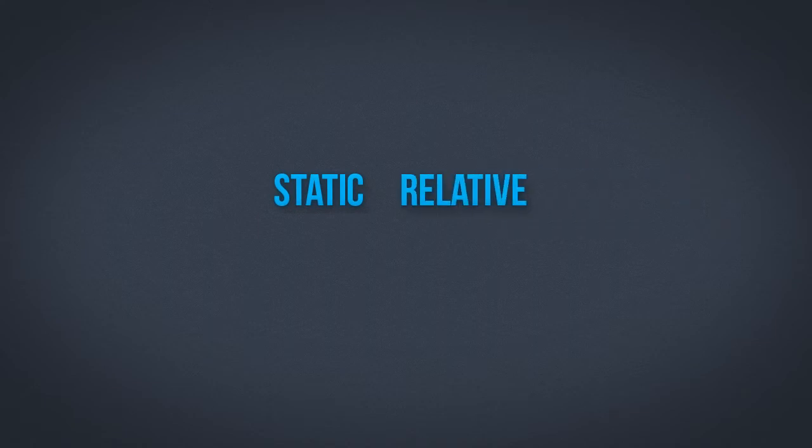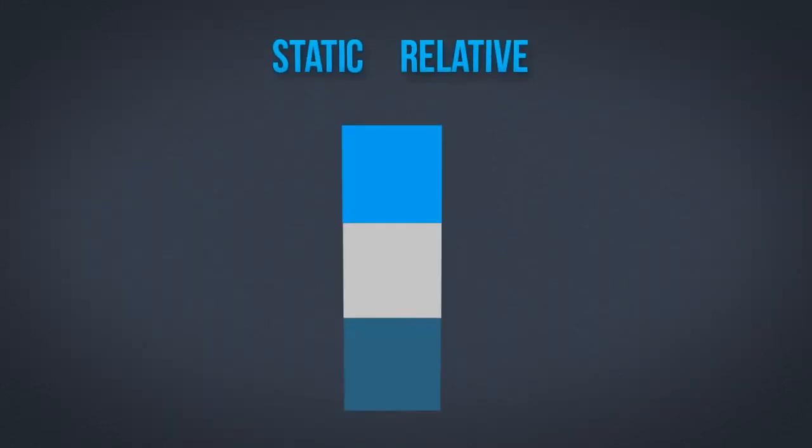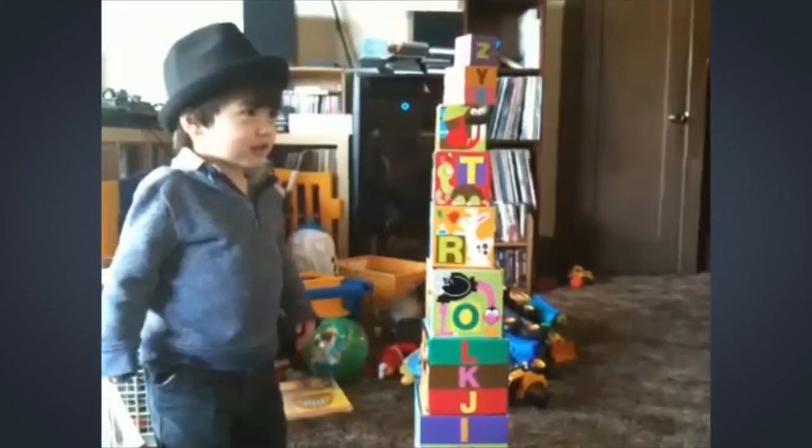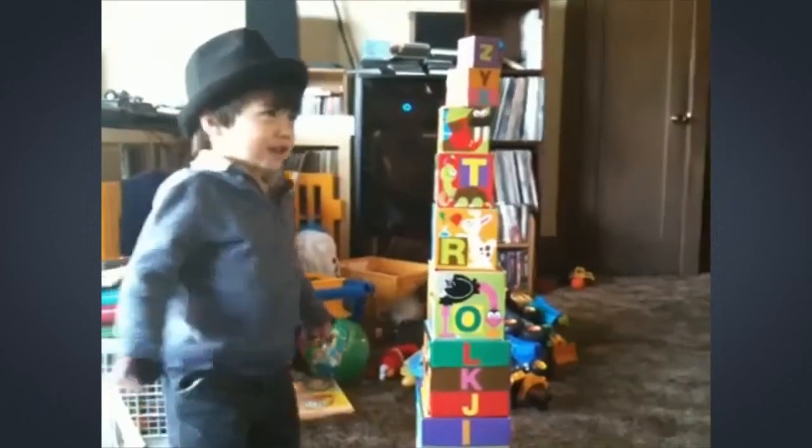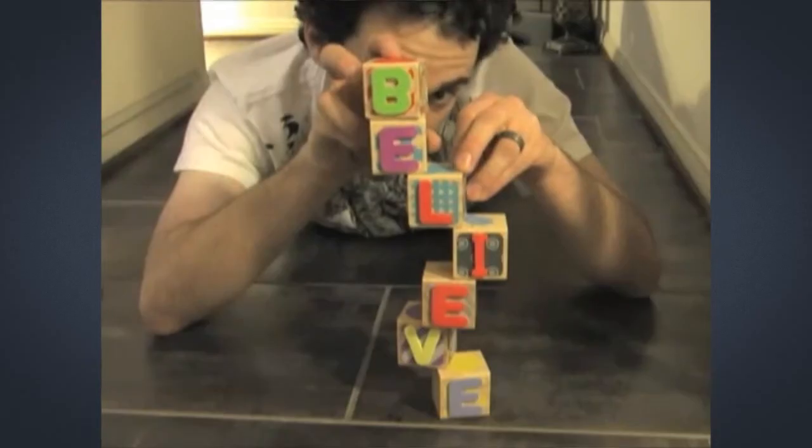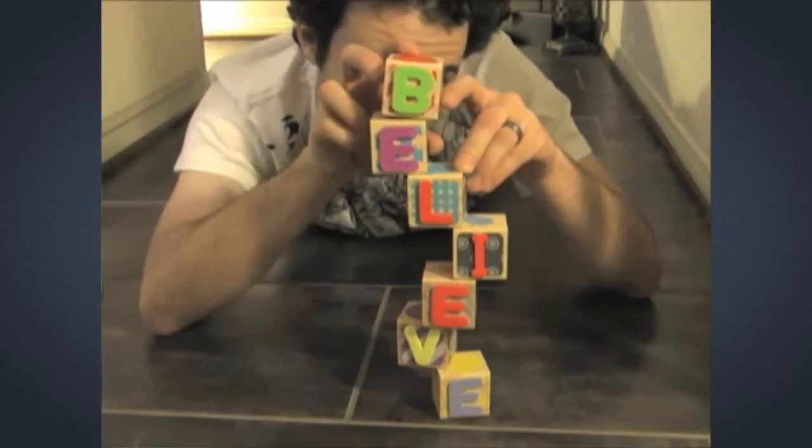There are 4 position properties that we can use: static, relative, absolute, and fixed. The static and relative properties work like the alphabet blocks. They stack as you would have expected. As a child, we will get bored of stacking the blocks on top of each other over and over again, and that's when we start to shift the blocks around.